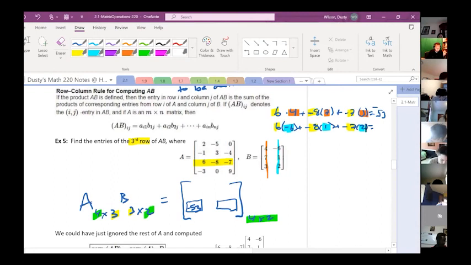I've got some negative 58-ness is what I'm seeing in the chat. Thank you. Okay. So this would be the third row of AB.